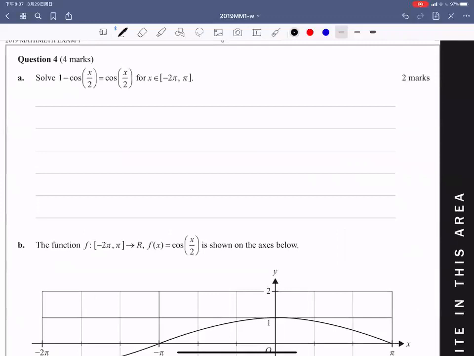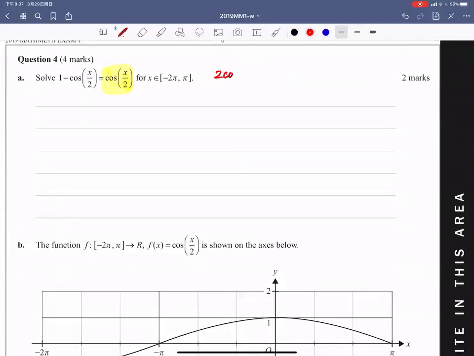Question 4 is a simple trigonometric problem. Solve 1 minus cos x on 2 equals cos x on 2. Nothing special, very similar to the equation solving question in 2018 Mathematics Exam 1. So the first thing I'm going to do is rearrange it.